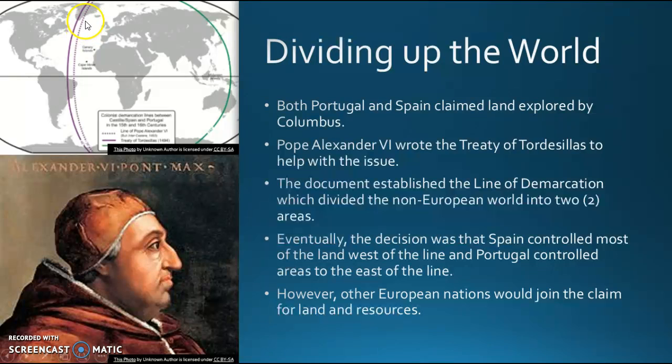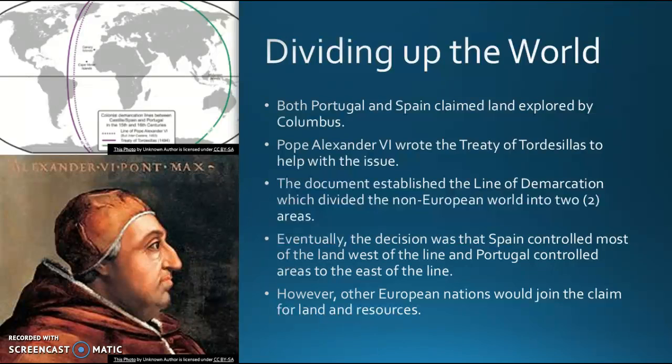Like I said, it was originally this dotted line, but Portugal complained and said, we don't have much land in Brazil or in this new world, so the Pope moved the line further west, so that Portugal would have Brazil, which is why a lot of people in Brazil today speak Portuguese. They don't speak Spanish, they speak Portuguese in Brazil, because Portugal owned that area.